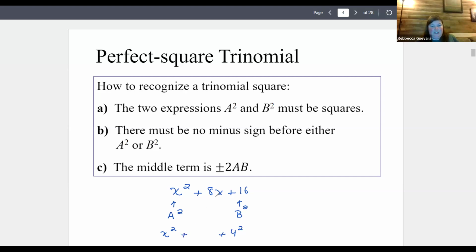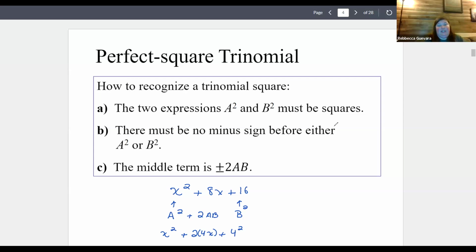And then that center term, we have an x from the a, and we have a 4 from over here. We have 2 times 4x. So that's how we get the 2ab.